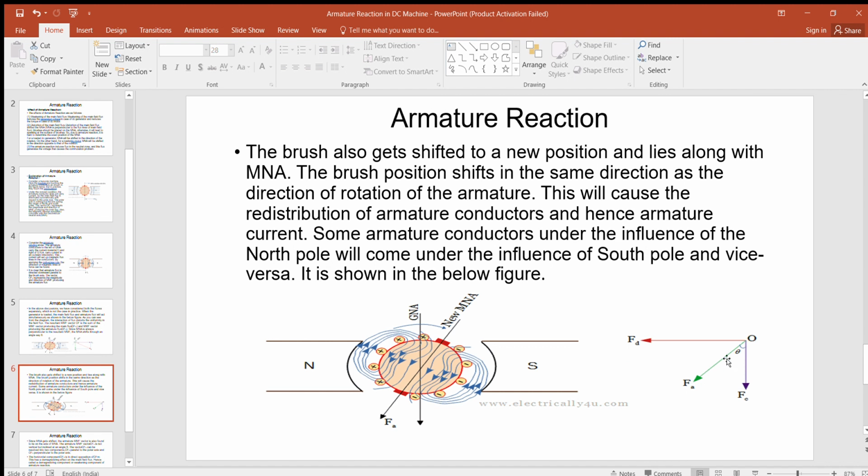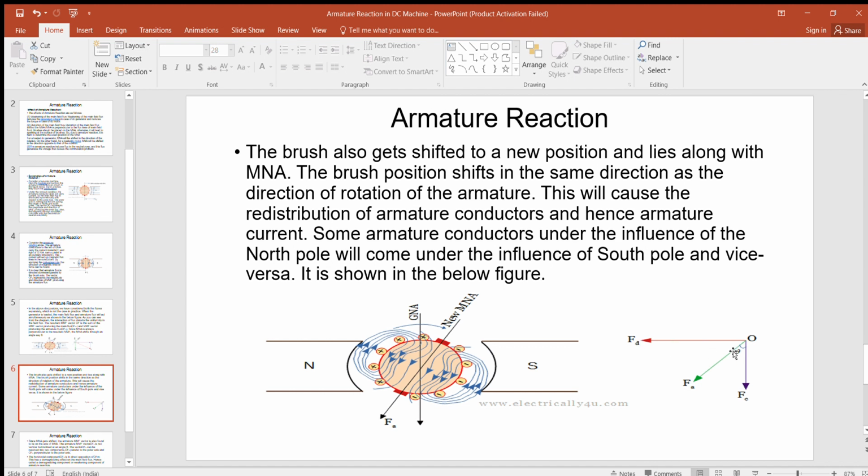So OFA is redistributed like this, and this OFA vector is resolved into two parts: one is OFC and second is OFD. This vector OFD is opposite to the direction of the main field flux, so it demagnetizes or weakens the main field flux.